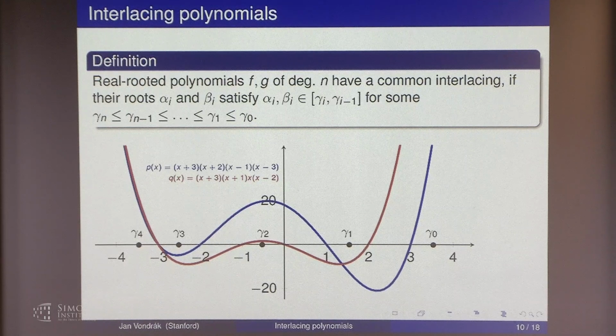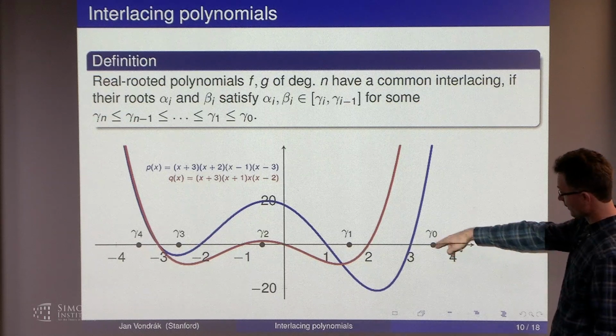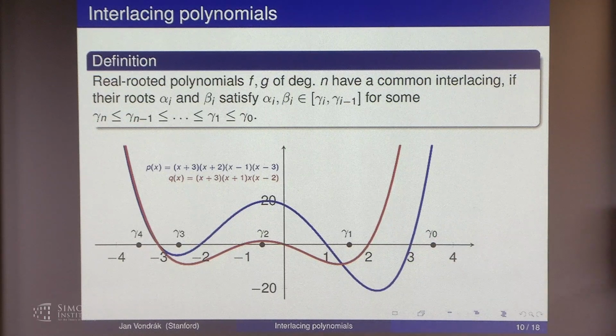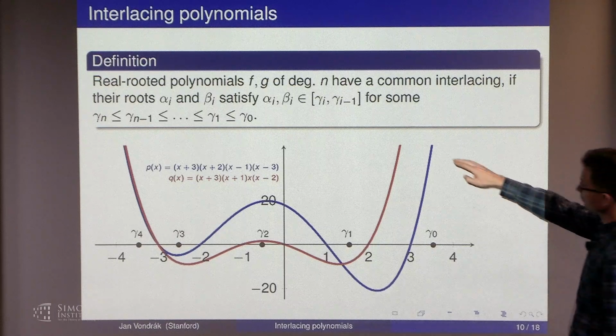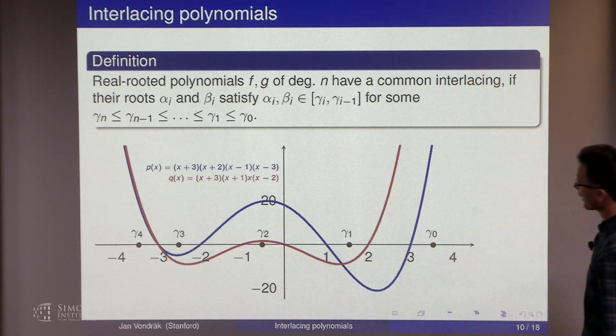Here we have 2 polynomials of the same degree. So for 2 polynomials of degree n, we say that they have a common interlacing if we can place these markers on the real line, gamma 0, gamma 1, and so on, such that the ith roots of the two polynomials, respectively, alpha i and beta i, the ith largest roots of f and g, are sitting in the same interval, gamma i minus 1, gamma i.